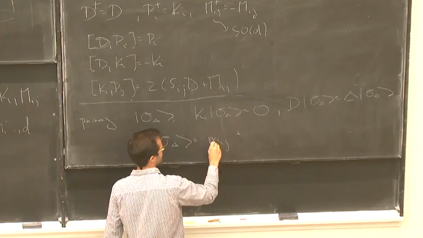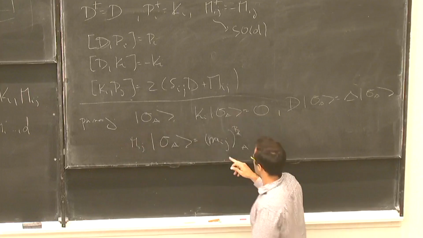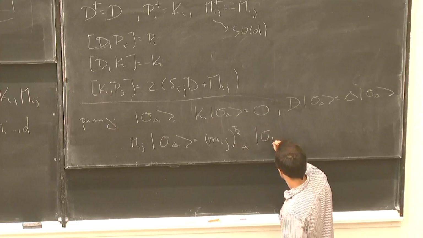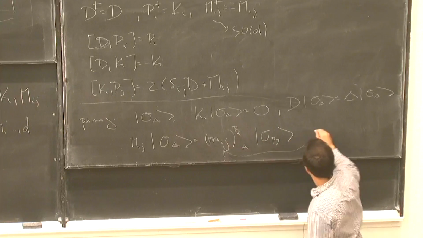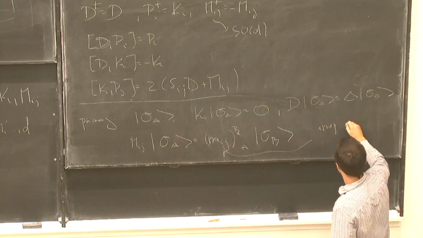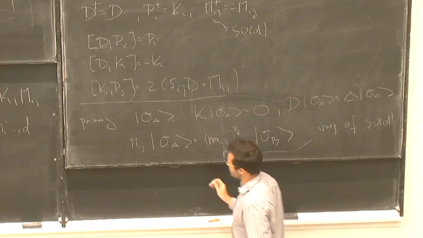So small m_ij are some representation matrices in a specific irrep of SO(d). I mean, it's unitary because the generators are anti-Hermitian.